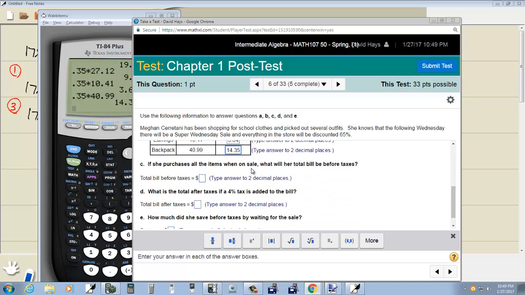If she purchases all the items on sale, what will her total bill be before taxes?